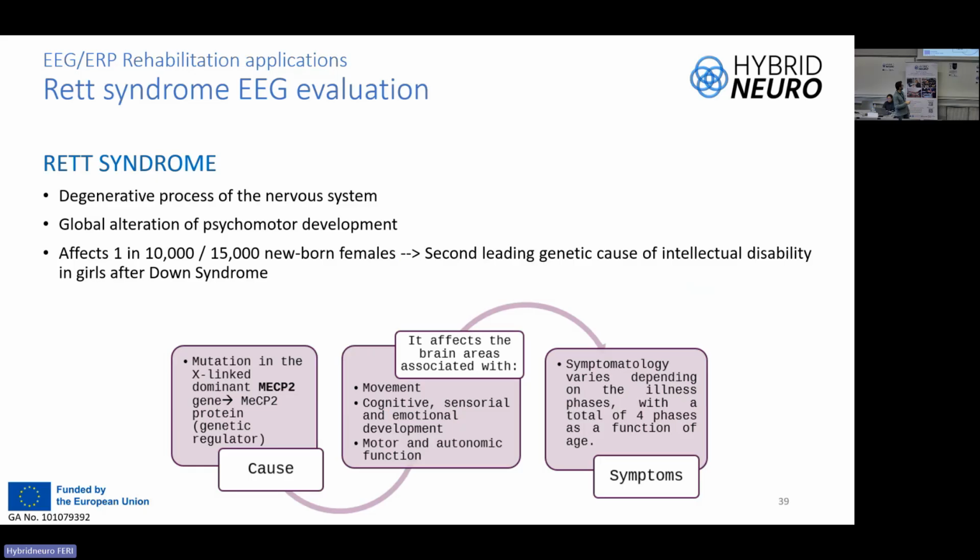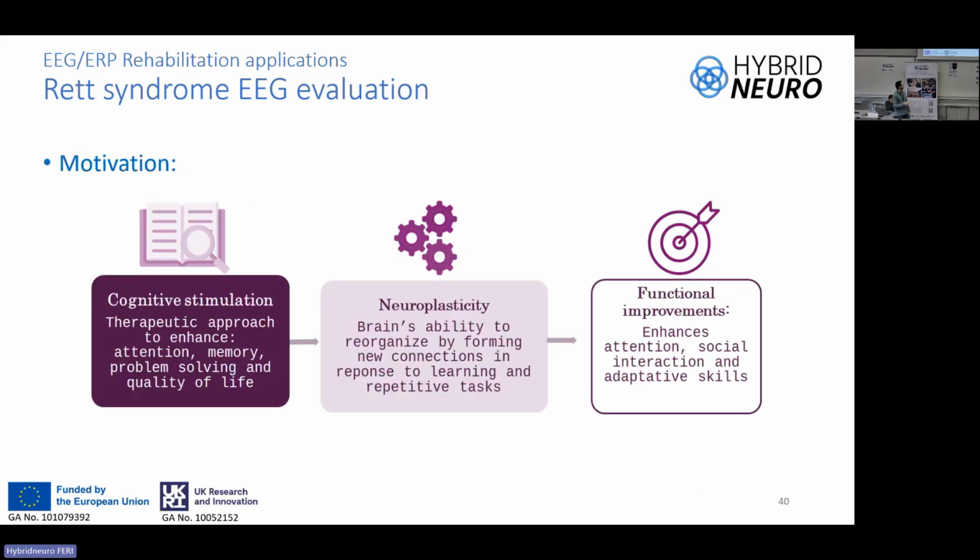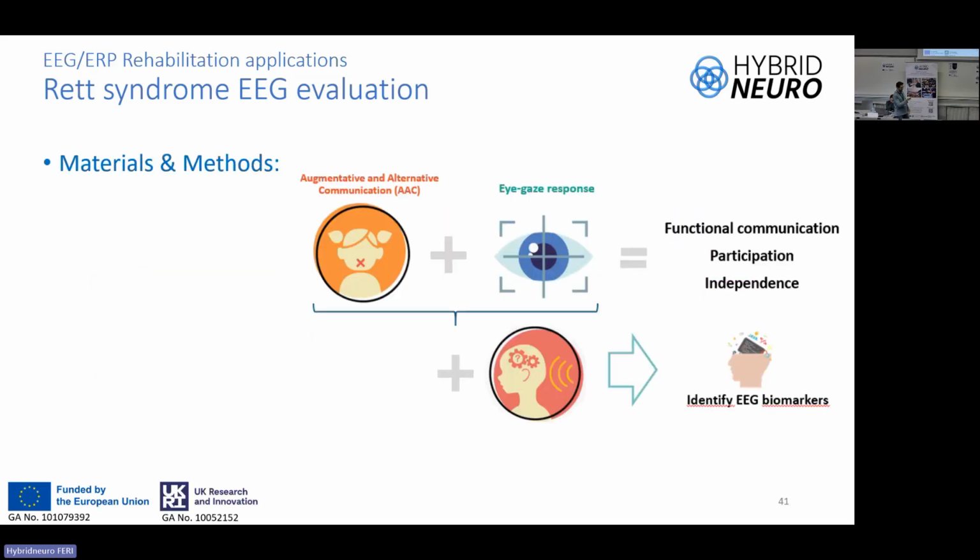This is the Rett syndrome results that I will pass through a little bit quickly. In this case, this rare disease has the particularity that they don't have the ability to communicate.